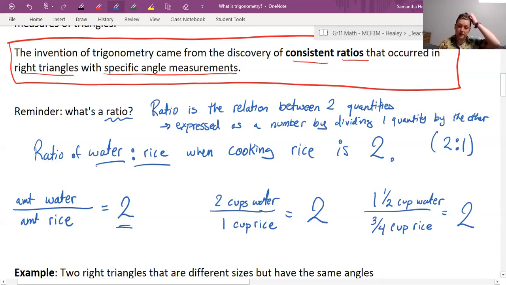So it's the relation between two quantities. In this case, it was the quantity of water and the quantity of rice. And it's expressed as a number, which I said the ratio of water to rice when cooking was 2.